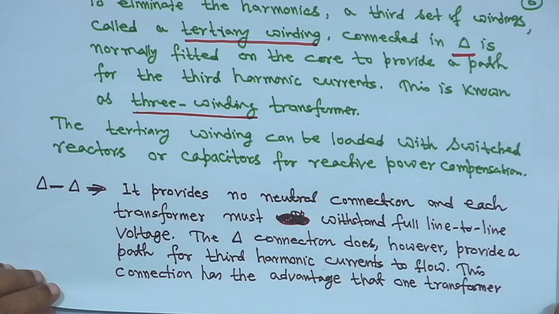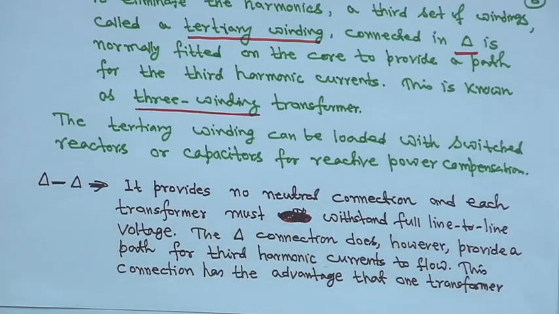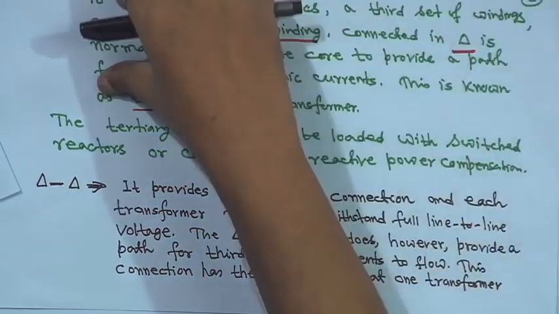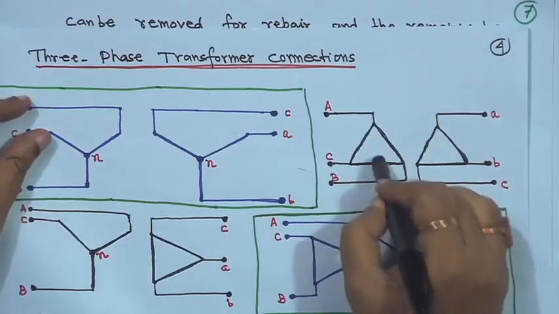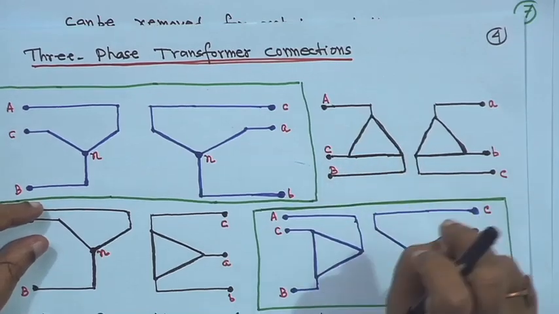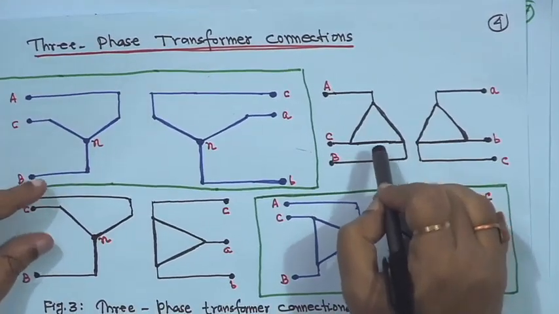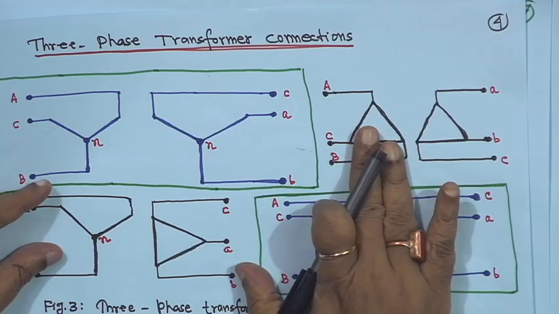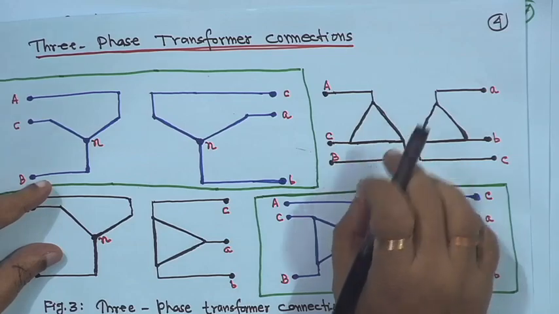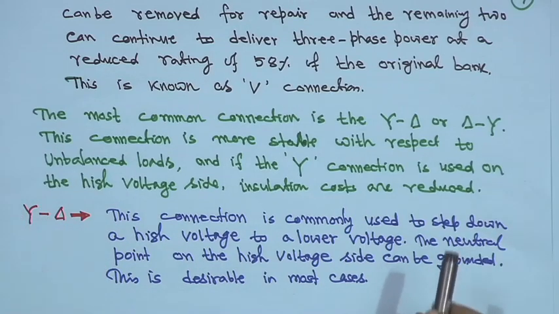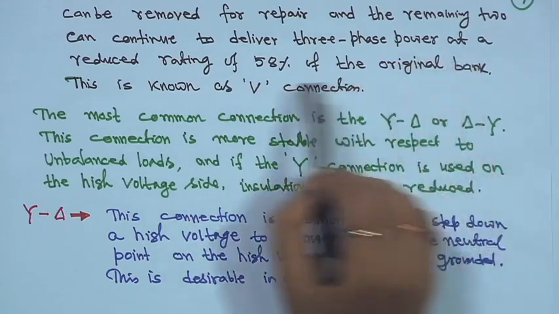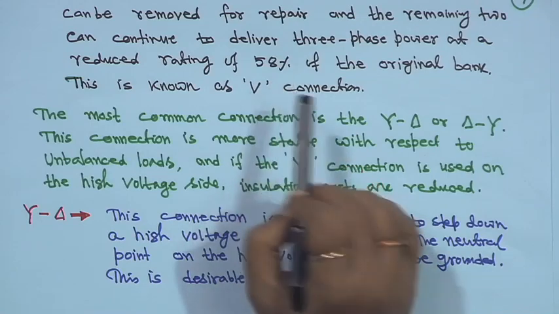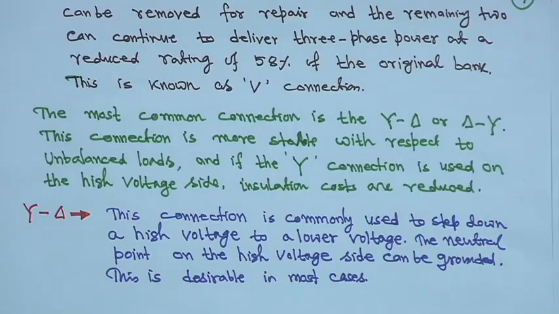This connection has the advantage that if one transformer is taken out for repair, the other two can still work. Because we are connecting 3 single phase units as a 3 phase bank, if one unit is taken out, it is called a V connection or open delta connection. The rating has to be derated, but it can still supply approximately 57.7%, about 58%, of the original bank's rated 3 phase power. This is known as the V connection or open delta connection.